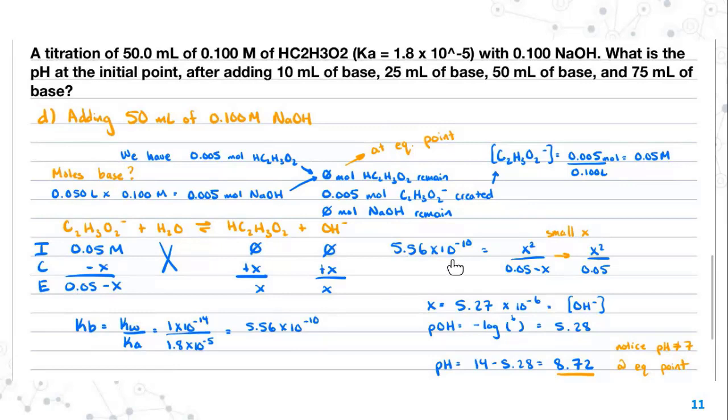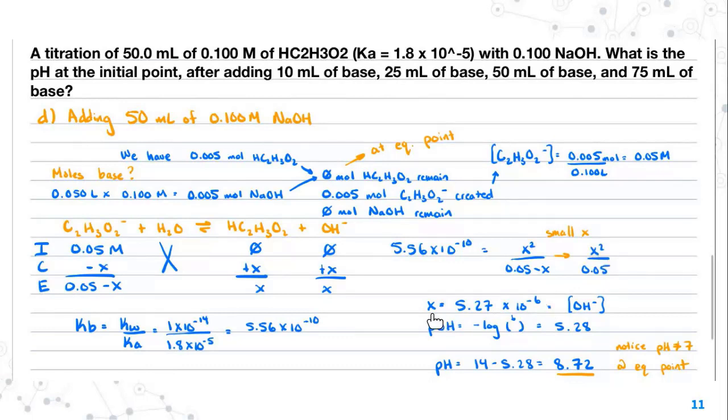Okay, and so we set up the expression that we always set up: Kb equals products over reactants. Again, we can do the small x approximation because this number and this number are off by a factor of more than 1,000. Then you just solve for x.